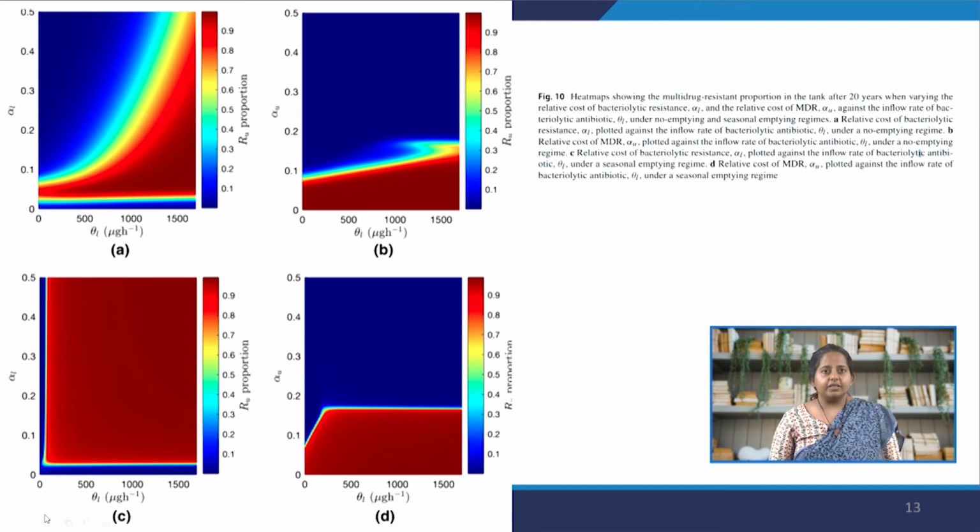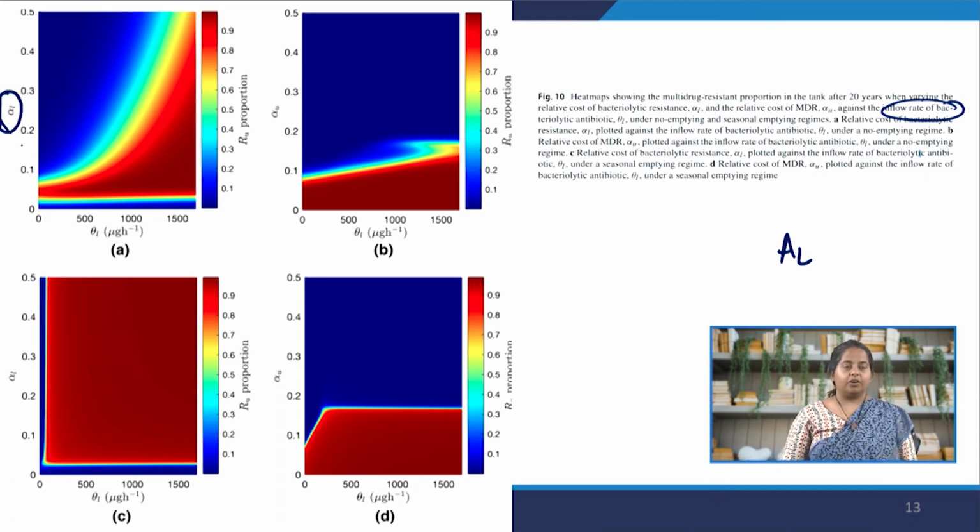Okay. So, these are the heat maps from the results section of the paper, and what we are doing here is, it is again a follow up of the sensitivity analysis. On the x axis we are varying the inflow rate of bacteriolytic antibiotic AL, and on the y axis we are varying the cost of having antibiotic resistance towards bacteriolytic antibiotic and MDR, multi-drug resistance, so resistance to both bacteriostatic and bacteriolytic antibiotics.